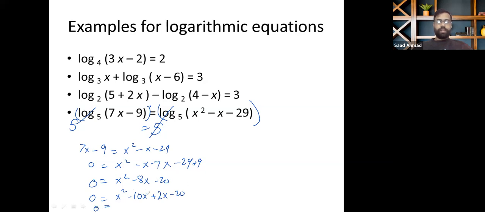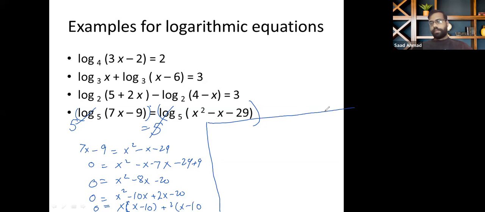Because when I add these two, I get negative 8, but when I multiply them, I get negative 20. So let's say I have x common, x minus 10, plus 2 common, x minus 10. Then we have again x minus 10 times x plus 2.